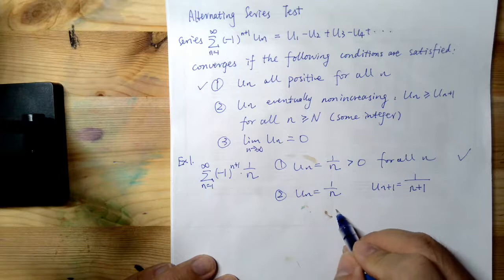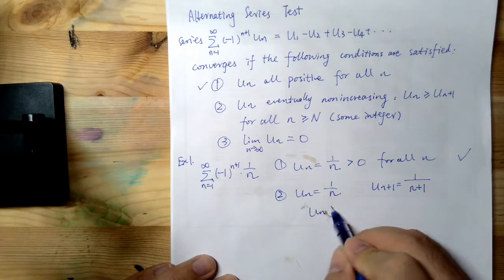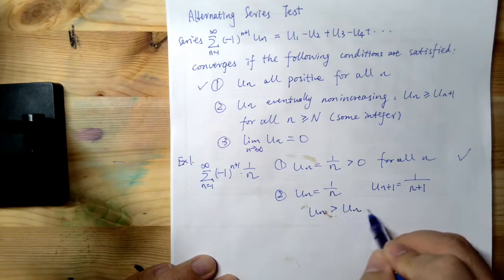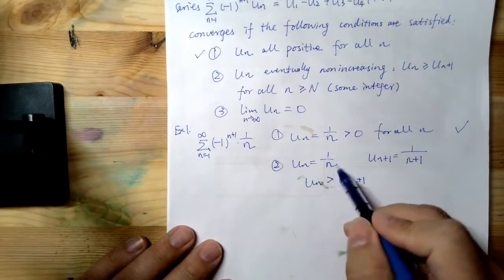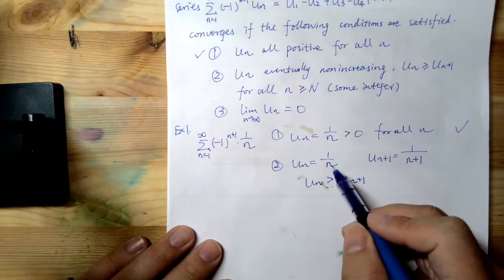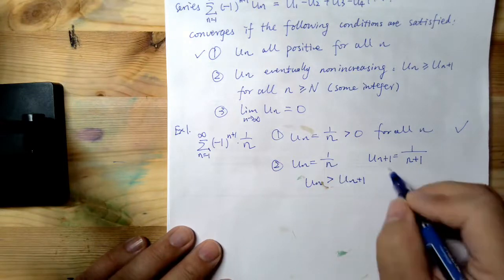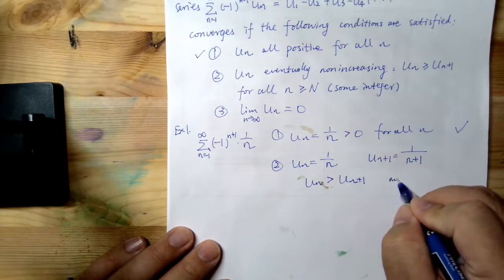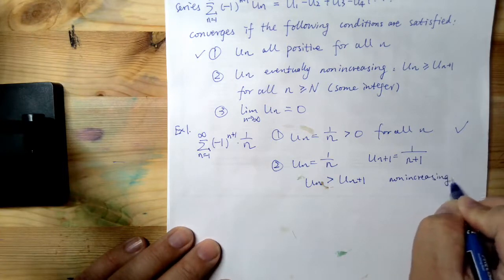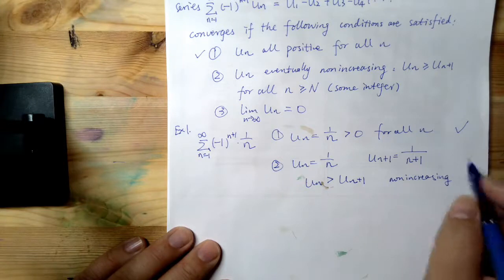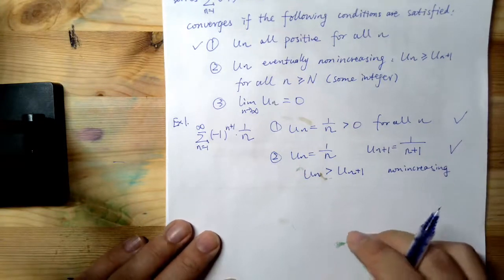In other words, we know that u_n is greater than u_(n+1) because this denominator is smaller, so overall this one will be larger. So it is non-increasing. In fact, it's not only non-increasing, it's strictly decreasing. So the second condition is also satisfied.